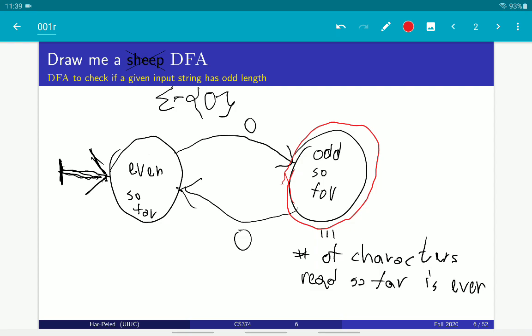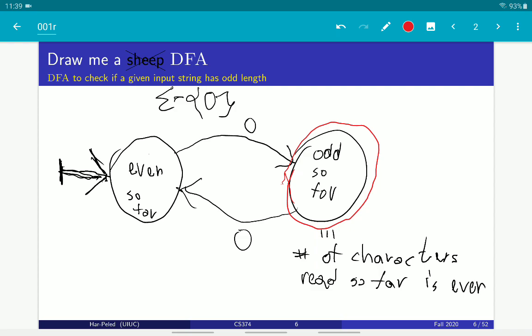A DFA might have a large number of accepting states, but there is only one start state. The DFA accepts if it ends up at the end of the input in any of the accepting states, and similarly it rejects if it's in any of the rejecting states. Okay, so this is how it looks.